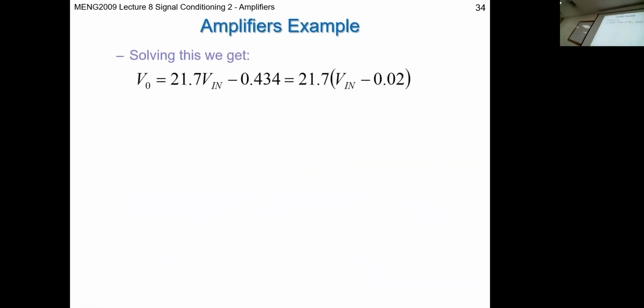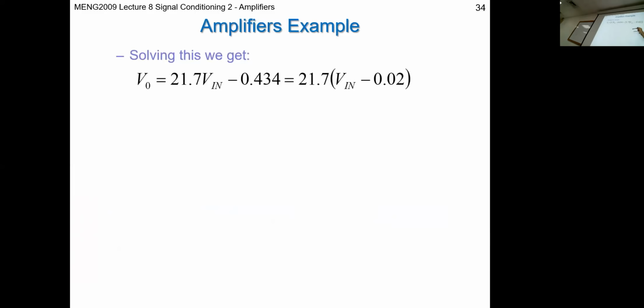By solving it, we get our output voltage is 21.7 times our input voltage minus 0.343. So when we factorize that, we get 21.7 times V in minus 0.02. So we have V in on one branch, V out, and a constant of minus 0.02 on the other one.